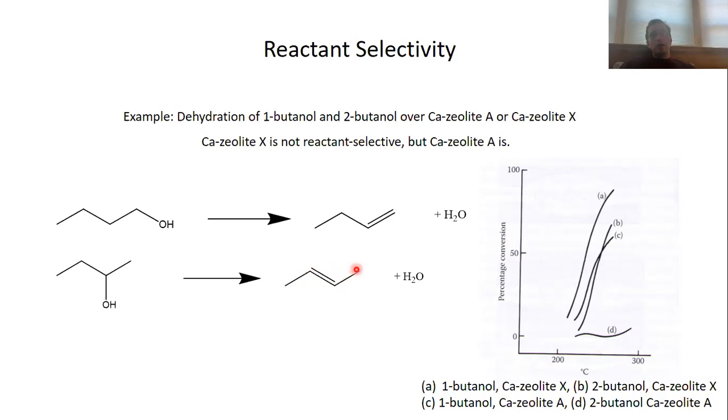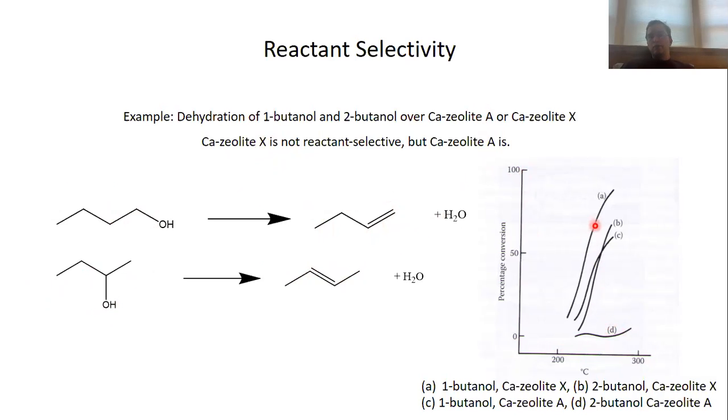So now, assuming that you use zeolite A, you can selectively convert 1-butanol to 1-butene without reacting the 2-butanol at all. Okay, while zeolite X does not have that property. So you see that here on this diagram shown.